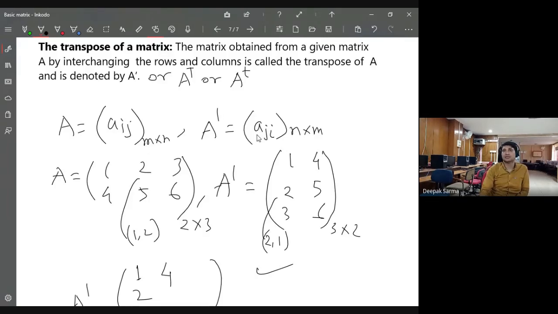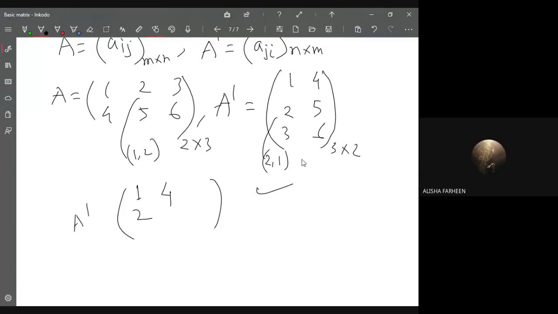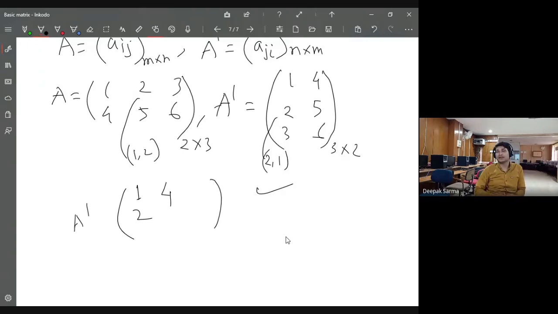Aij will move to Aji. Got it? A and A transpose consist of the same entries, but in different order. So the same entries will be there in both matrices, but in different positions.